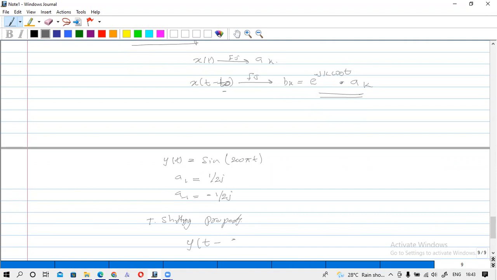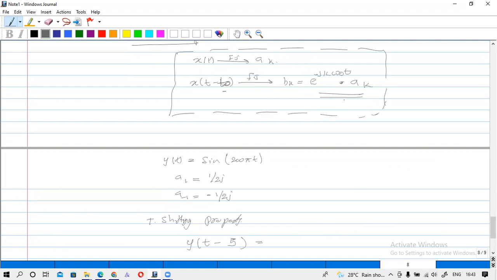Find the Fourier series coefficients for this signal y of t minus 5. Can you find them using this time shifting property? Try to calculate quickly. I think you can do it. Very simple.